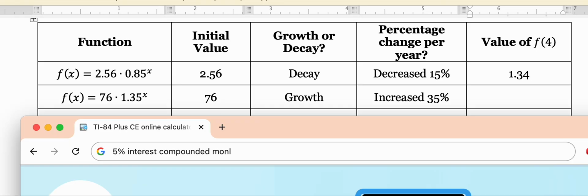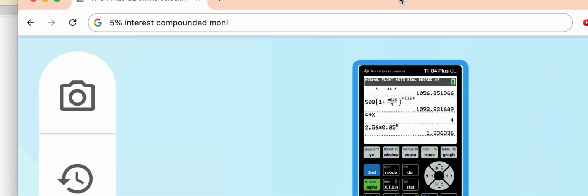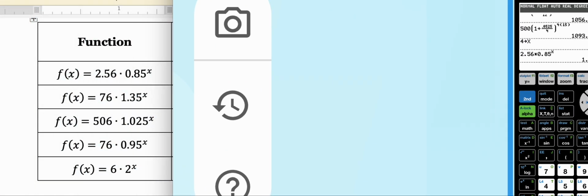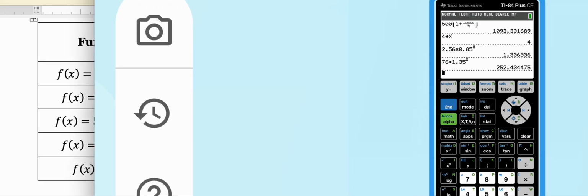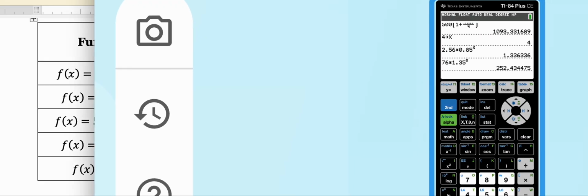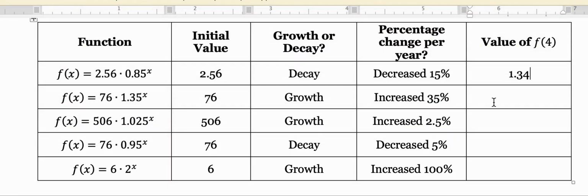Okay, now we have 76 times 1.35 to the x, and that is 252.43.